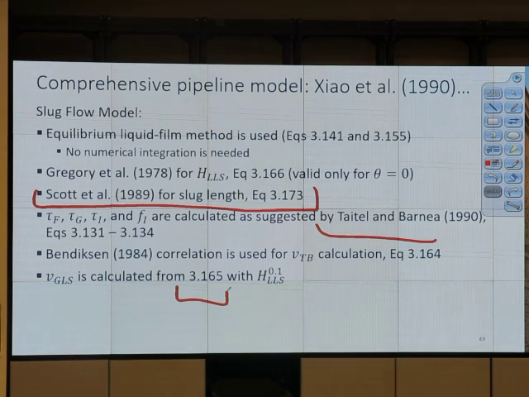I think it comes from page 112. Velocity of small bubble in liquid slug is determined by equation 3.165 for bubble swarm. Xiao use a value of 0.1 for the exponent, namely HLS to the power of 0.1. They found that 0.1 is much better.